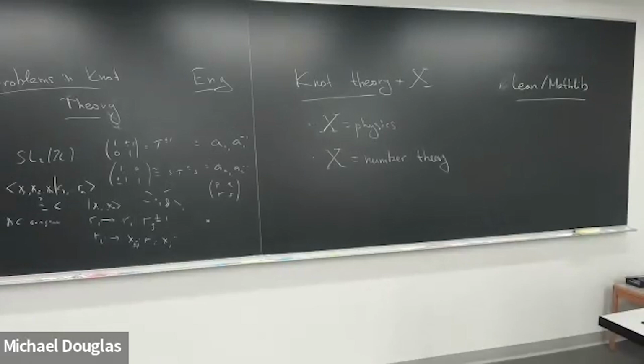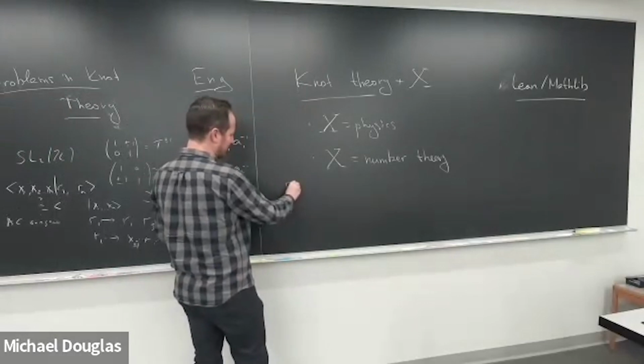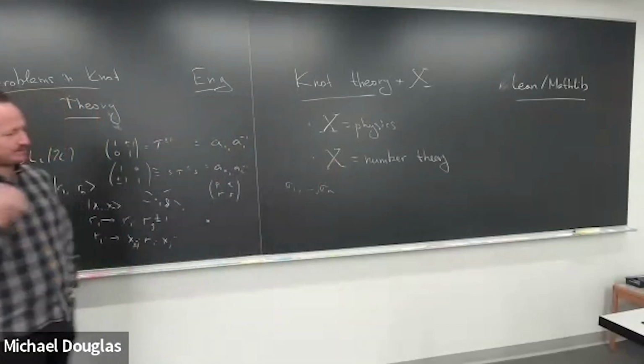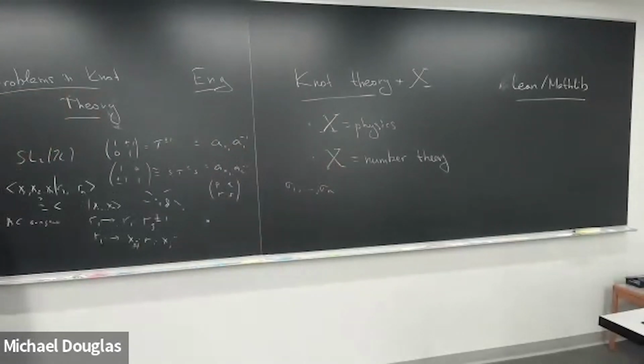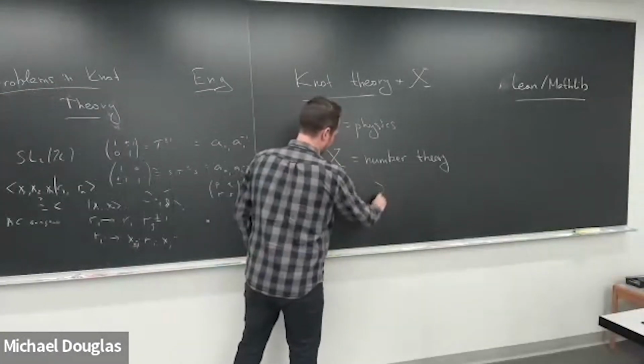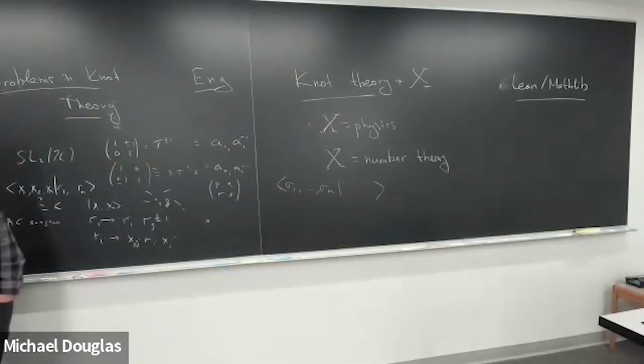One of the questions I'm interested in is, if I give you a braid in the braid group B_{n+1}, you can always write it as a product of Artin generators. So one of the first questions you can ask is finding minimal representations of your braid in terms of these Artin generators.